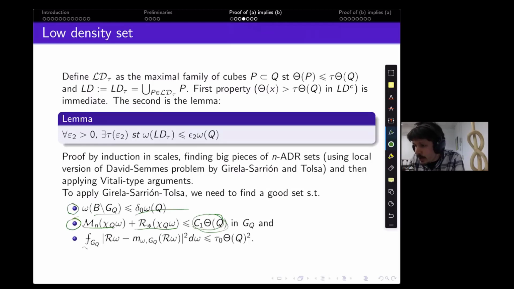And the oscillation of the Riesz transform is bounded by theta of q squared. We need this. If we check these 3 things, we get automatically that you have big pieces of uniform rectifiable sets. This is David Semmes' idea, but in particular they are Reifenberg regular. That is what we use in our proof. So we get more than what we need.